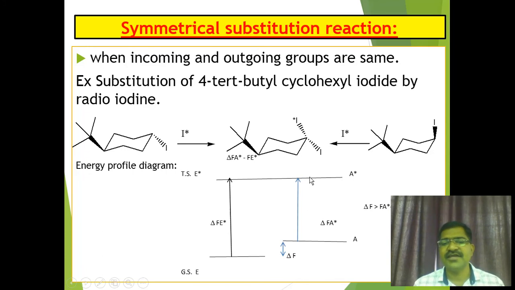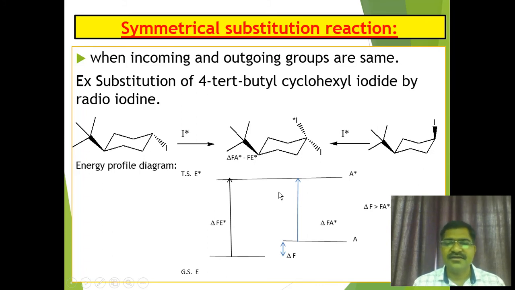The excited state energy is identical, and we have denoted the excited state energy as E star. The difference between the ground state and excited state is denoted by delta Fe star for the equatorial isomer and delta Fa star for the axial isomer.